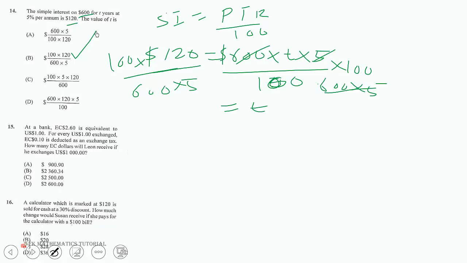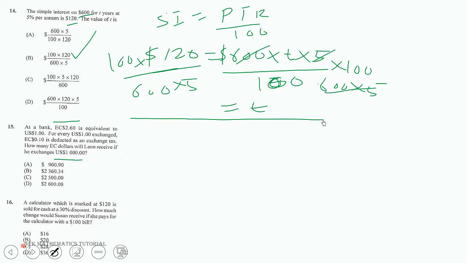How many EC dollars will Leon receive if he exchanges 1,000 US dollars? So let's see. If he exchanges 1,000 US dollars, we need to find the equivalent of 1,000 US dollars in EC dollars.